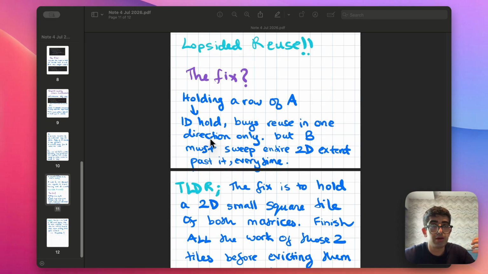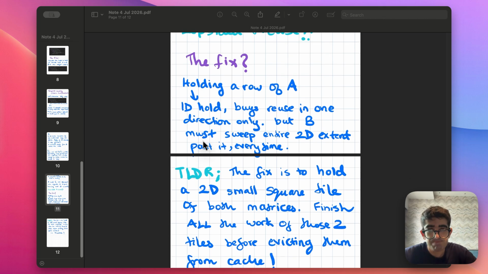But the downside is that we need to sweep through the entire 2D extent of B every time in order to get this single dimension reuse of A.